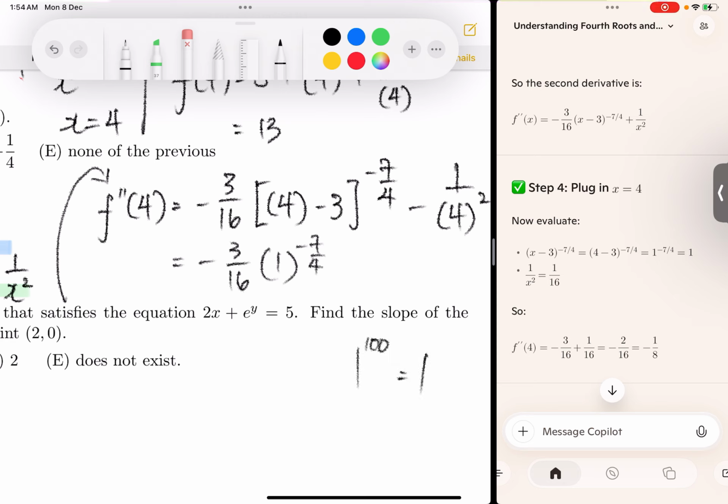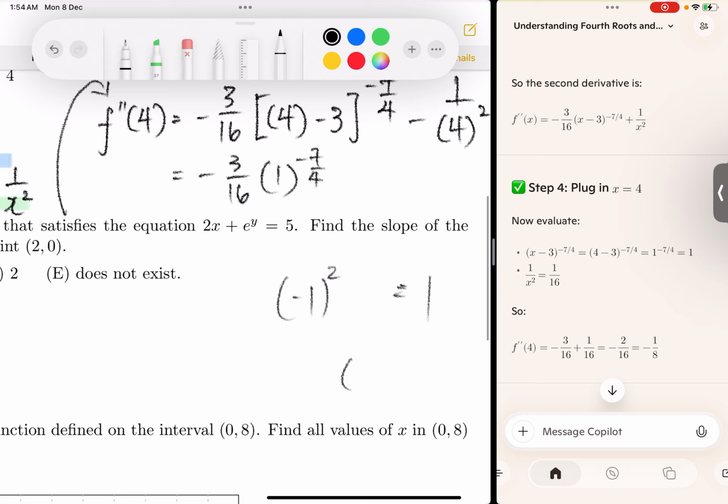Sometimes the value might change, so let's say, for example, negative 1 is very tricky. Negative 1 to the power of 2 will be positive 1. But from my recollection, if it's just 1, whatever number the power is, it will most likely just be 1.